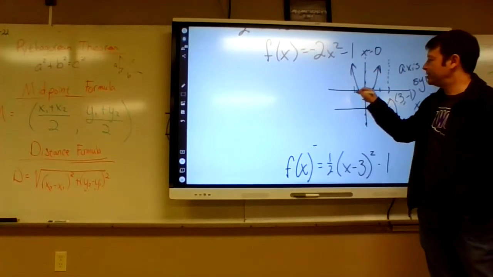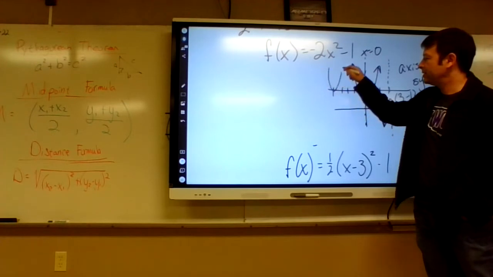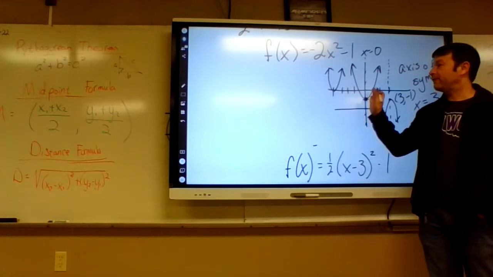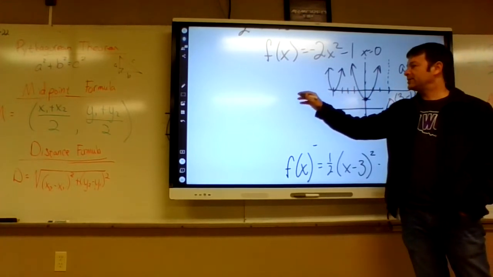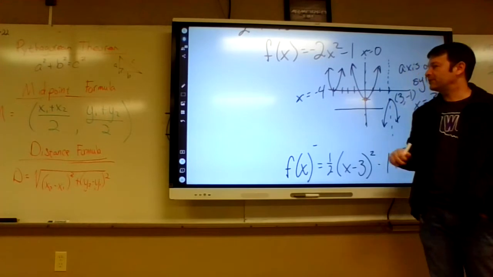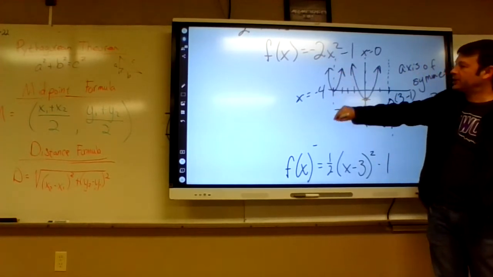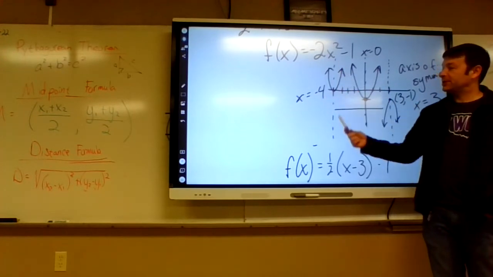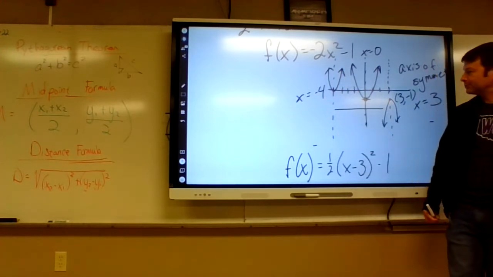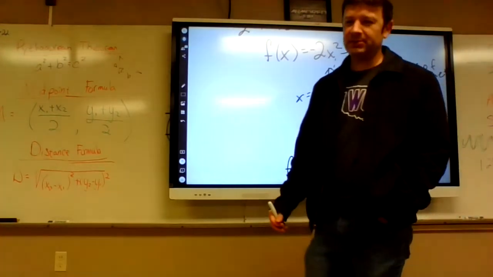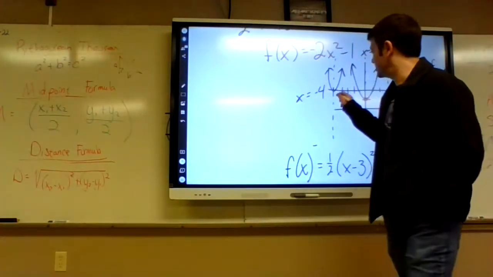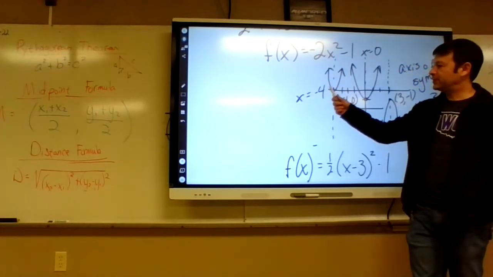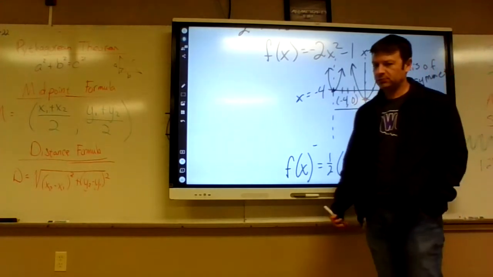If I drew one, let's say out here, at -4 to the left, the axis of symmetry would just be x equals -4. That's the equation that represents this line. And if this vertex is at -4, 0, the x coordinate of the vertex should match that.